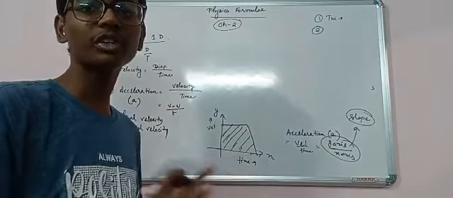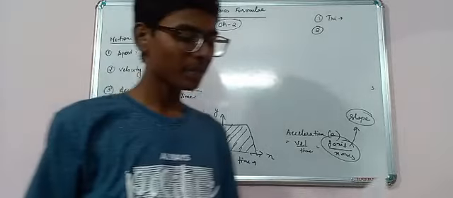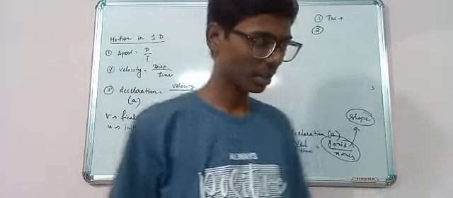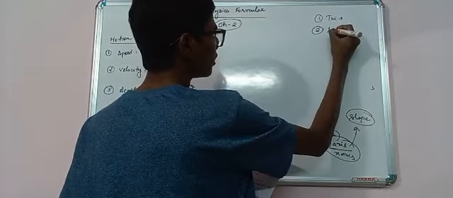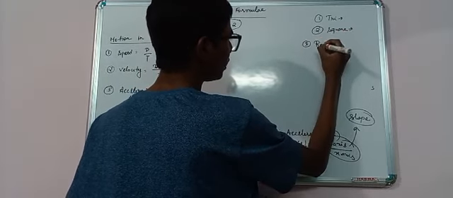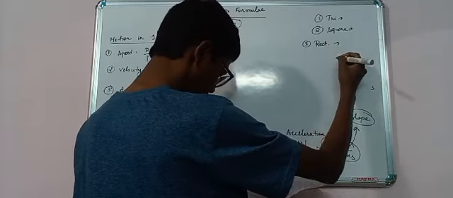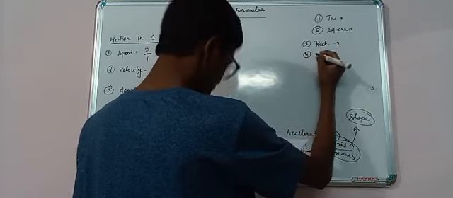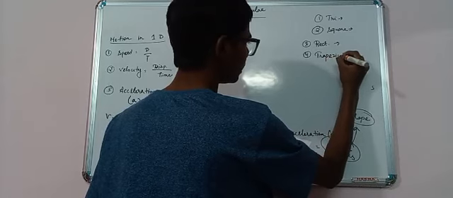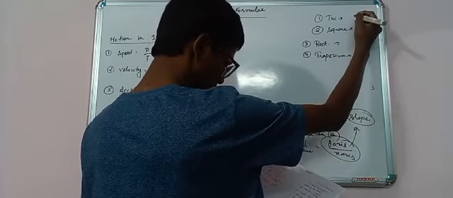A graph can have different shapes, and based on that, we have to apply the formula of that particular shape's area. So you can have a triangle, square, rectangle, or trapezium. Only these four. That's it. What are the formulae?